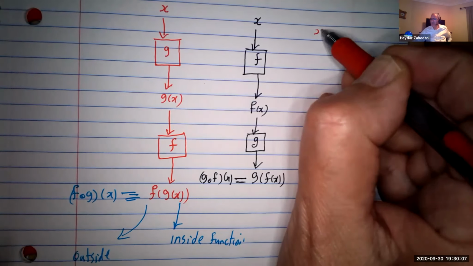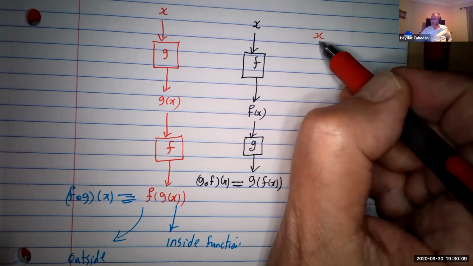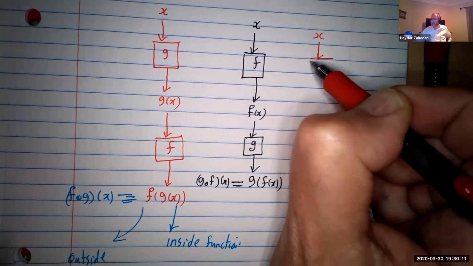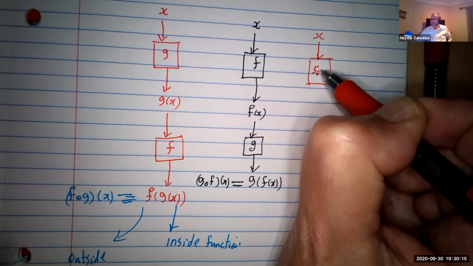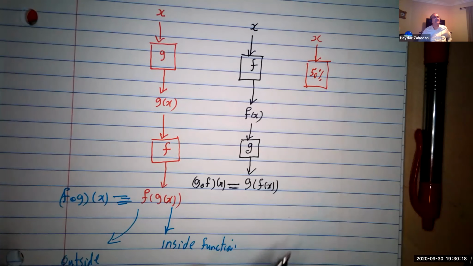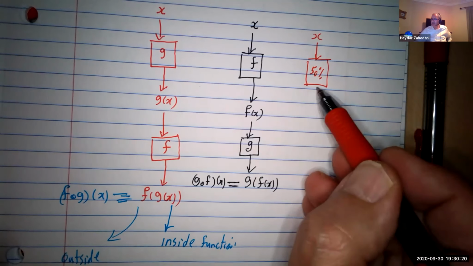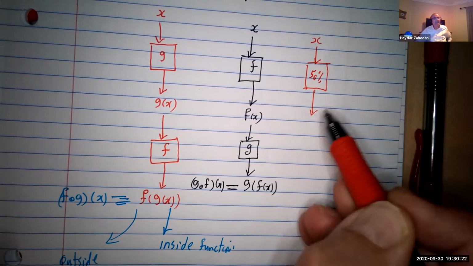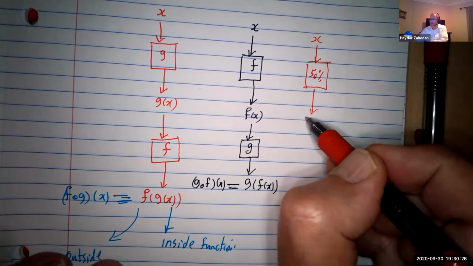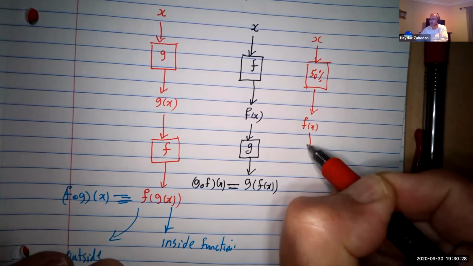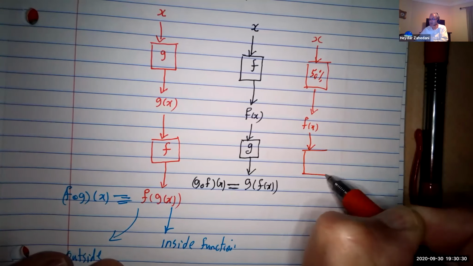This is what they do. When you go to the cashier, they bring the first function. The first function is the 50% function. Then with this result, you already got f of x. They are going to give you 10% of this new one.